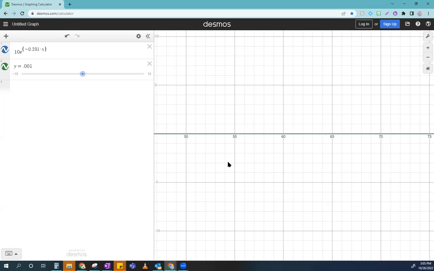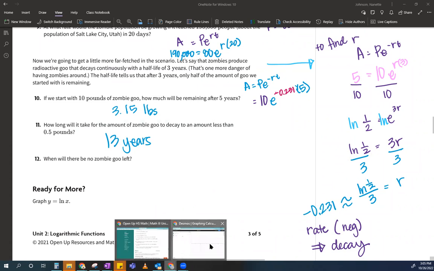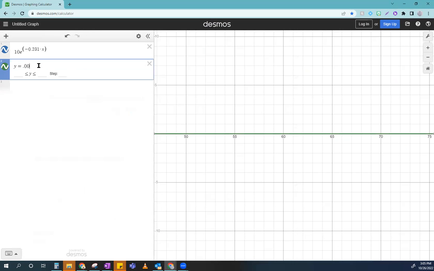So does that help you? The answer technically is that there would always be some left, but for practical purposes, in terms of how much we can actually measure, that 30-year point was pretty good. I think that was a pretty good answer when we went to 1/100th of a pound. Where was that?